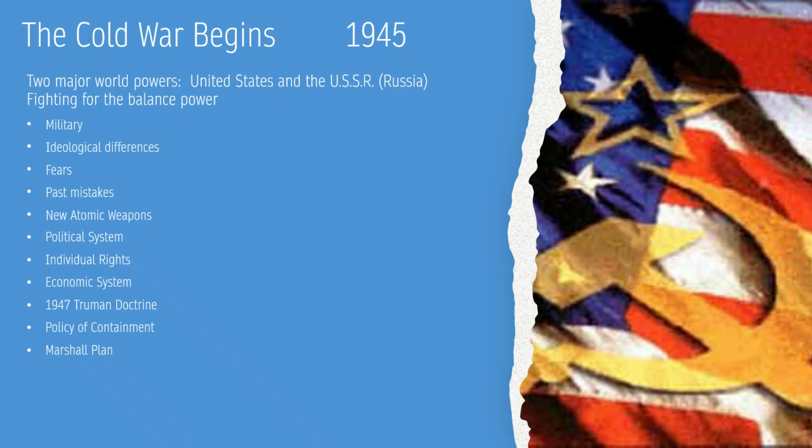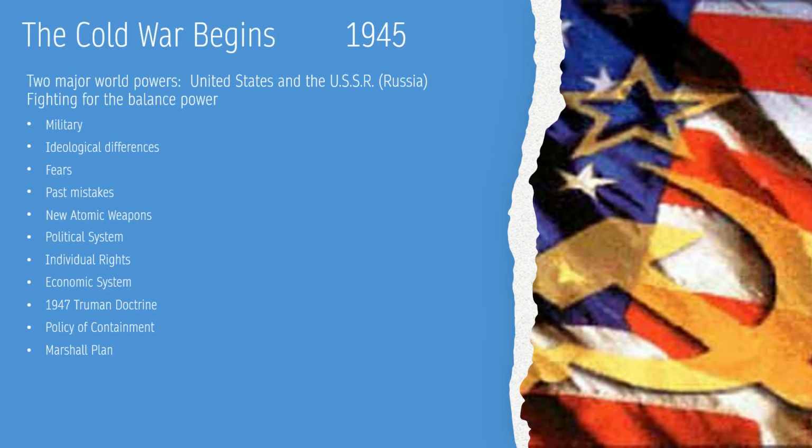Okay, so the U.S. right now has a very strong economy. Of course, the USSR had a war going on there. And we're going to use what we're going to call the Truman Doctrine, and I'll discuss the policy of containment and the Marshall Plan in the next slide.